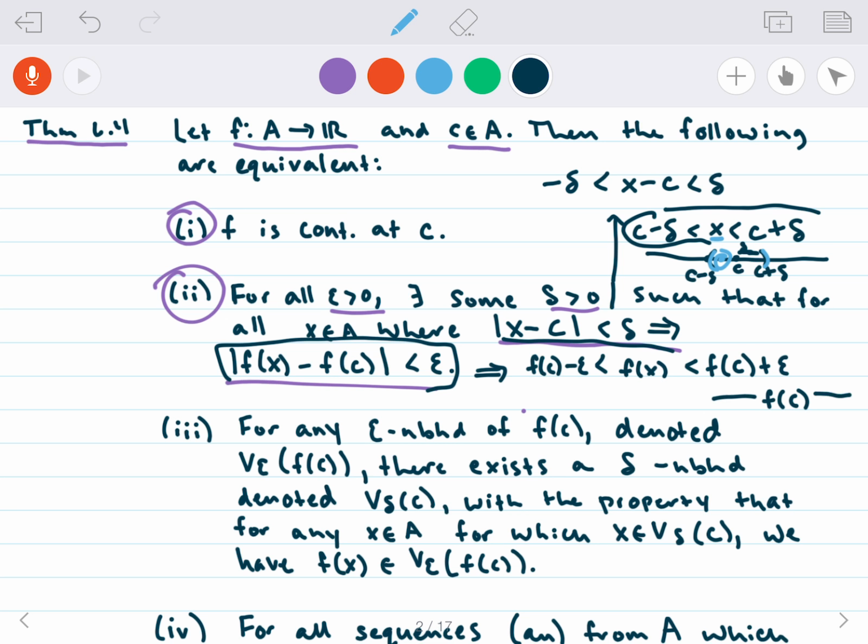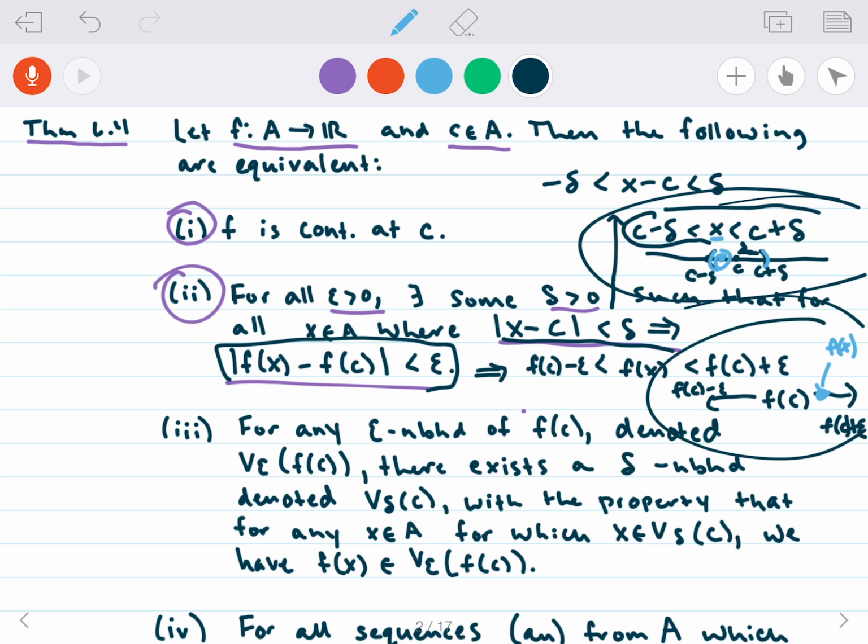On the right side, the right endpoint is going to be f of c plus epsilon, and the left endpoint is going to be f of c minus epsilon. Okay, so here's my open interval right here. And this is saying that f of x is going to live somewhere in here in my neighborhood. Okay, so what does this say? This says that if x is in my delta neighborhood, then f of x is in my epsilon neighborhood, again centered at C and centered at f of C.